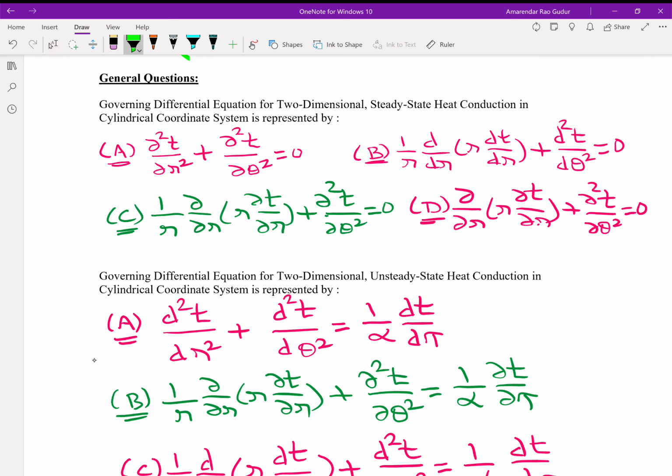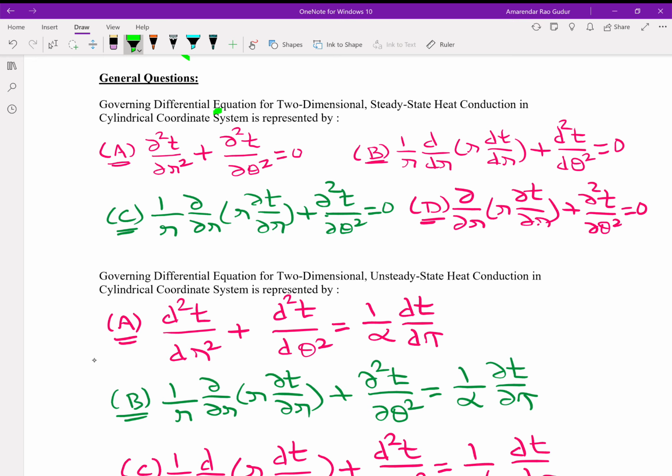Governing differential equation for 2D steady state heat conduction in cylindrical coordinate system is represented by, you can see, del square T by del R square plus del square T by del theta square is equal to 0. It is not correct. 1 by R d by dr, R dT by dr plus d square T by d theta square is equal to 0. When temperature is varying with respect to theta and R, you cannot use d, therefore this is wrong.